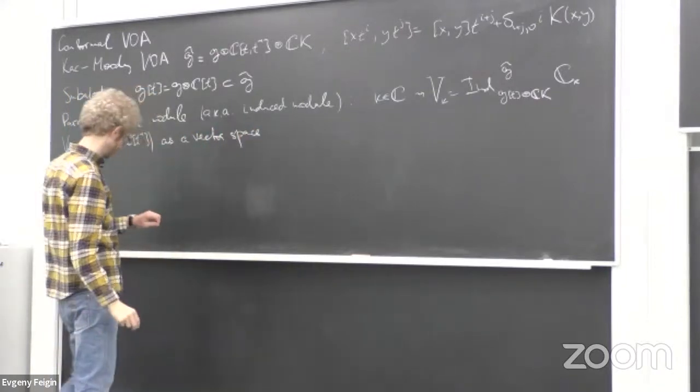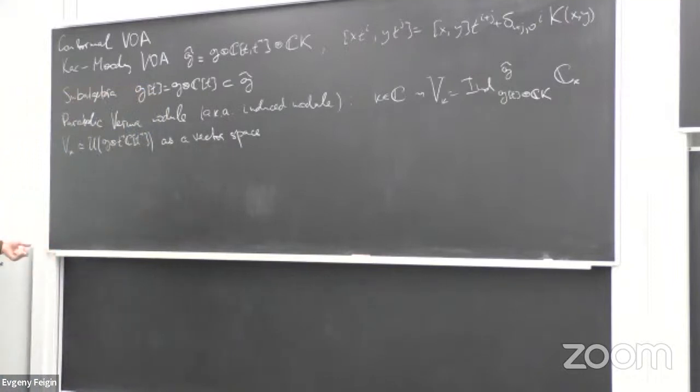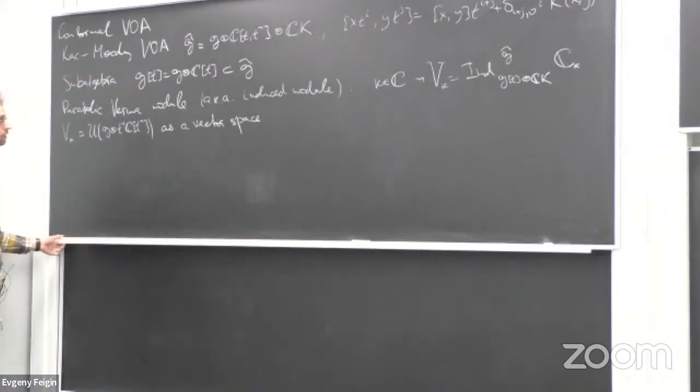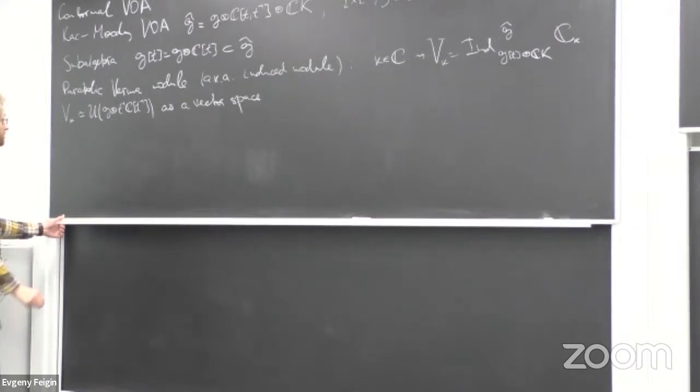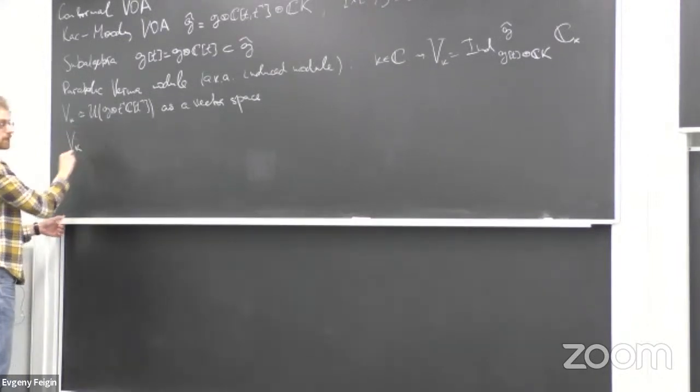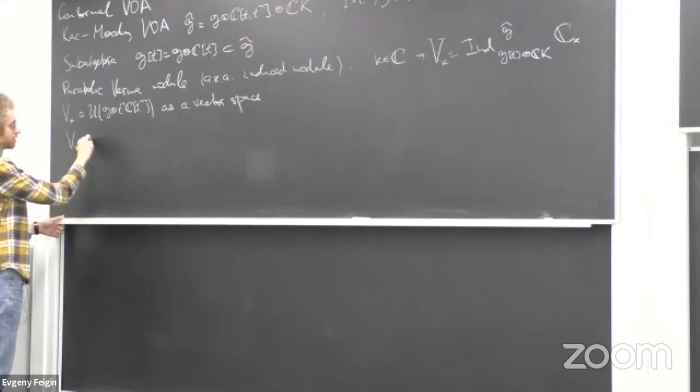Okay. So this is our vector space, and obviously Vk is graded.